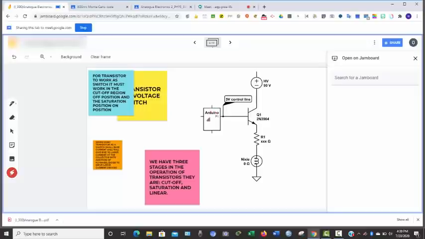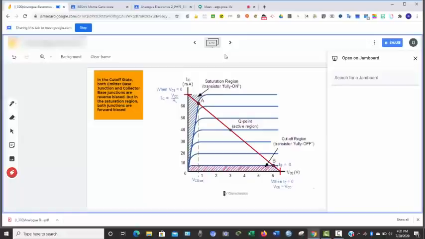Like this Arduino, probably it has been programmed. The signal we have in the Arduino will be fed into the base of this transistor, and this transistor can amplify that small signal for us to have a very large current.